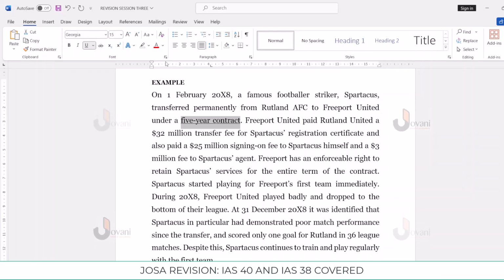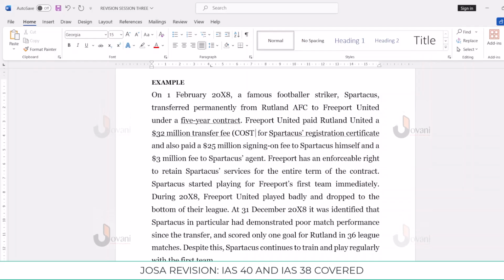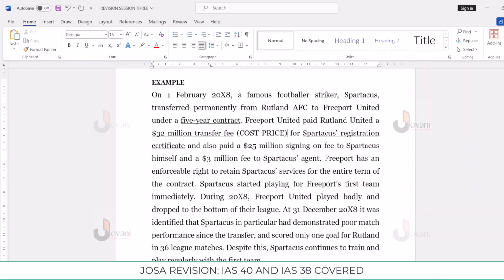So that is a hint. Freeport United paid Rutland United a 32 million transfer fee for Spartacus's registration certificate. You see, these guys bought a registration certificate and they paid 32 million. So this is the cost price. Okay, now this becomes an intangible asset.